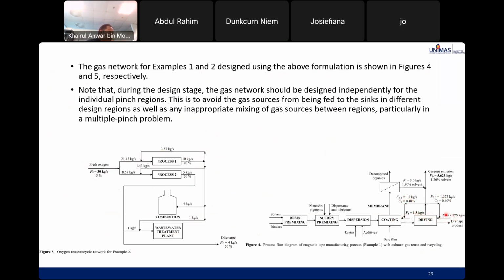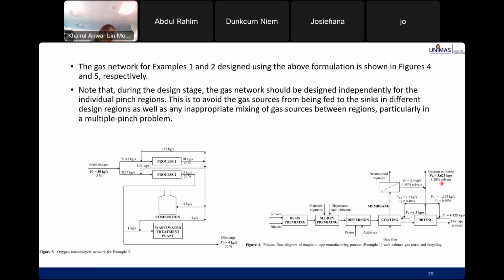If you add it, it is actually equal to FD, because in table 3, FD is equal to FF. FD is the minimum discharge, which is 5.625. FF is the fresh gas supply, in this case fresh nitrogen supply at 5.625 kilograms per second.